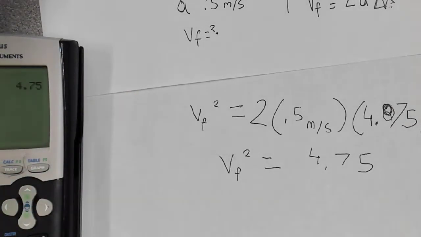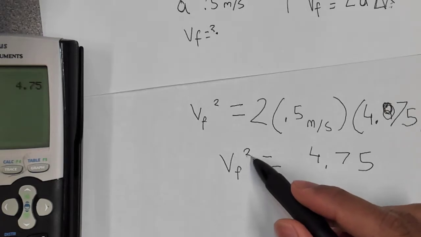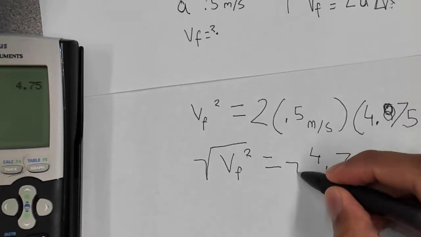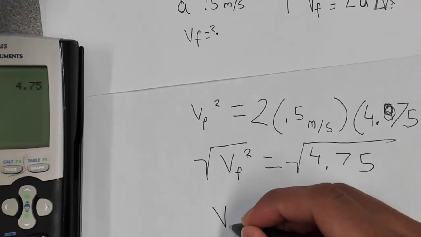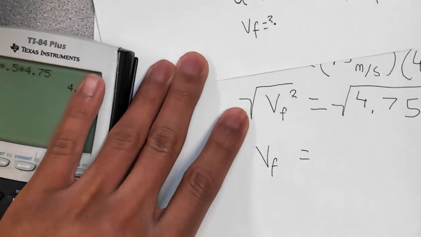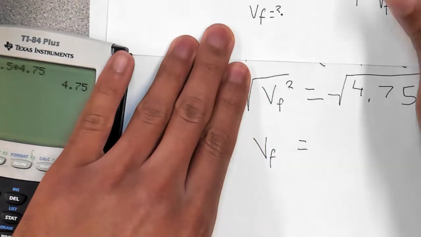But of course, we don't want to find final velocity squared. We're actually interested in the final velocity just by itself, not the squared. So, as we remember from algebra, we use an inverse operation to get rid of this exponent to the second power. So we'll do a square root of this. Final velocity equals... remember what I said.